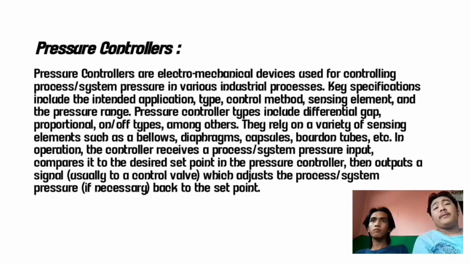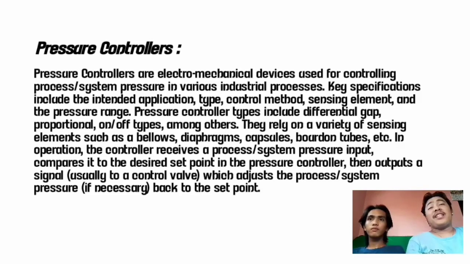Pressure controller types include differential gap, proportional, on or off types, among others. They rely on a variety of sensing elements such as diaphragms, capsules, Bourdon tubes, etc.